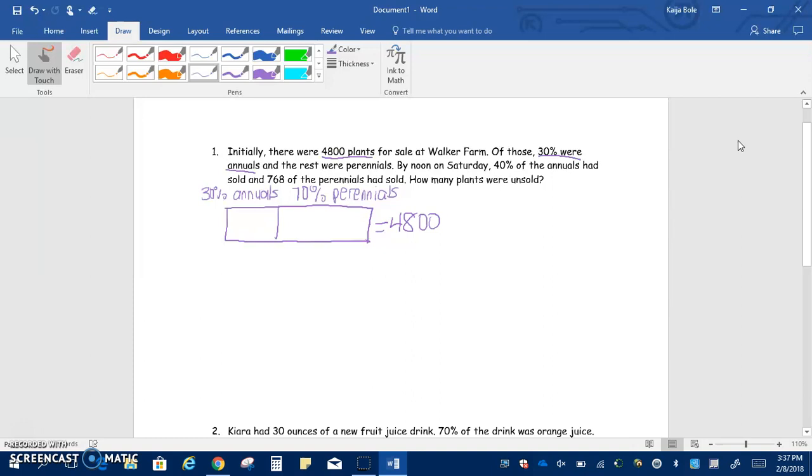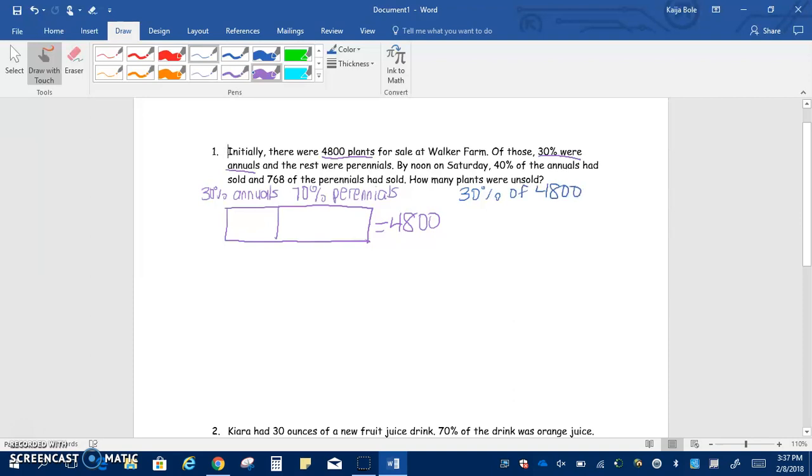It says by noon on Saturday, 40% of the annuals had sold and 768 of the perennials had sold. How many plants were unsold? So first we need to figure out what's going to go inside of these two boxes for our 30% and 70%. So first, let's do our 30%. We're looking for 30% of 4,800.